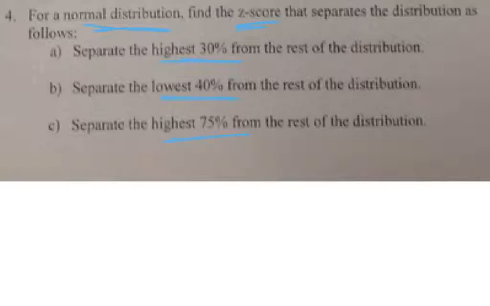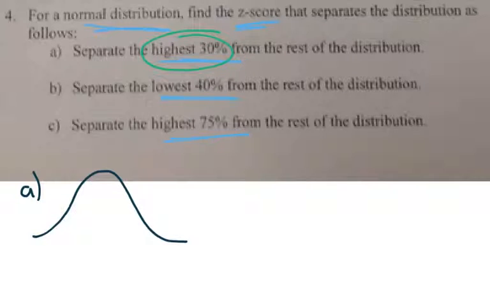The first thing I want to remind you, guys, is please remember, always do a sketch. Whenever they say normal curve, the first thing I instantly do is a sketch. It doesn't have to be perfect, I just want a picture to look at. We'll use this one for problem A. They want the highest 30%, so follow the green. Does everybody understand the highest 30%?